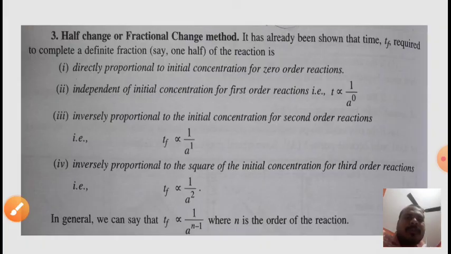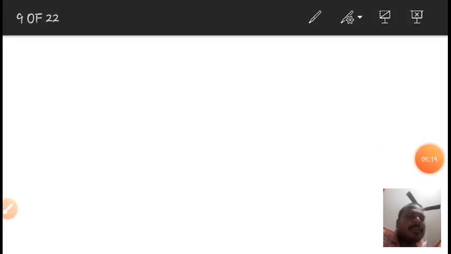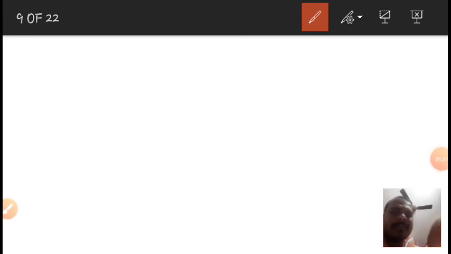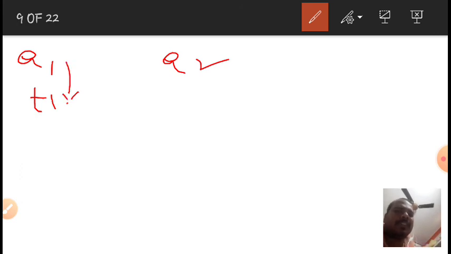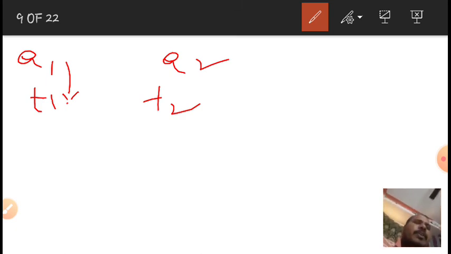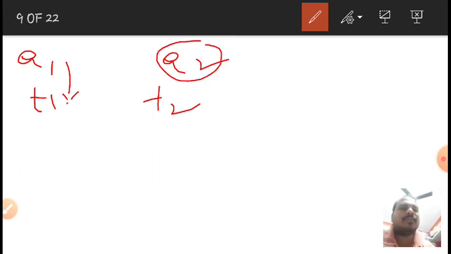Right, here the initial concentration of a reactant in different experiments is a1 and a2, and the half life, here t is half life, t1 is with respect to this a1 concentration, and t2 is the time required to bring the initial concentration of the reactants to their half.